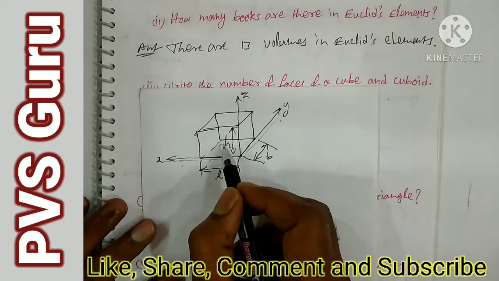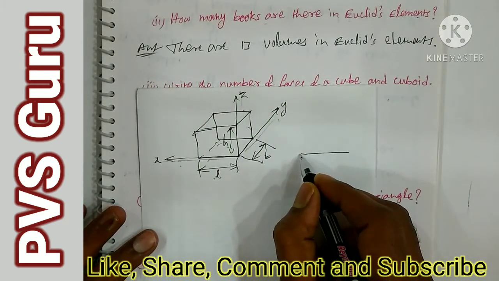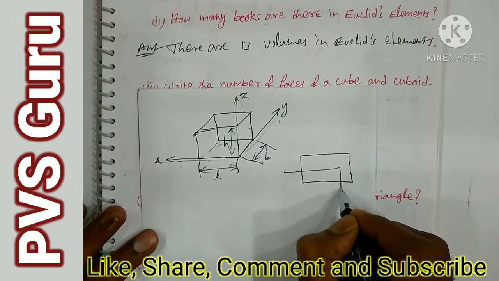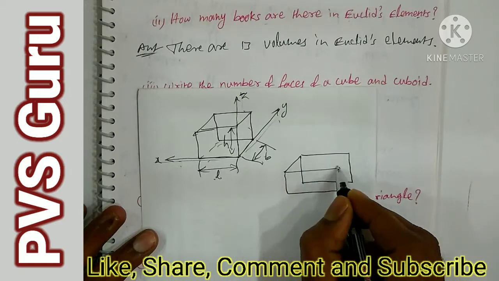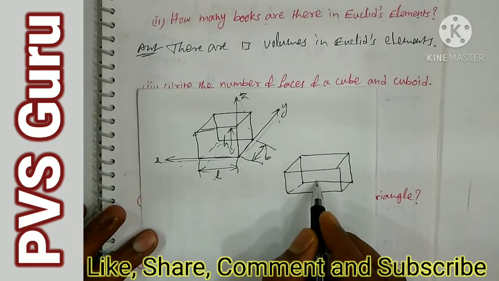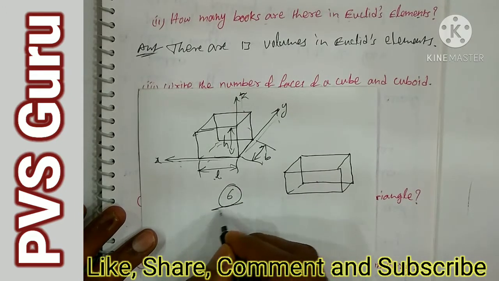So here cube and cuboid. Cuboid means, for a better example, you take a duster in your classroom. This is the cuboid. So every cube and cuboid has 6 faces. A better example is a cube die. The die has 6 faces.